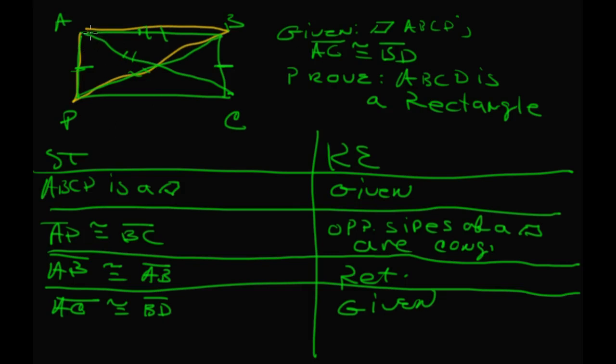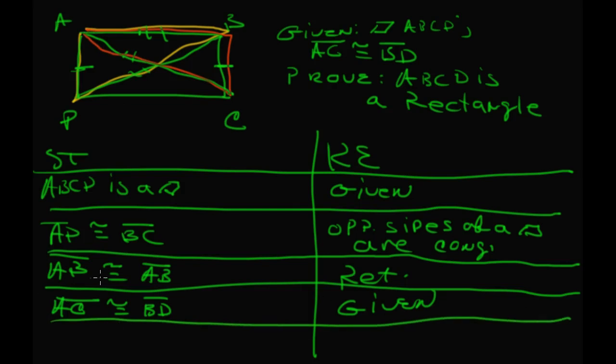And in the red here, I have this side and this side of this triangle, which means that those two triangles are in fact congruent. So triangle DAB has to be congruent to triangle CBA by SSS.